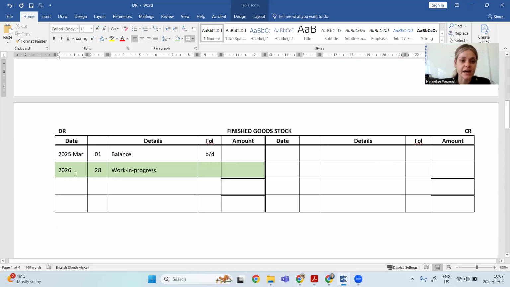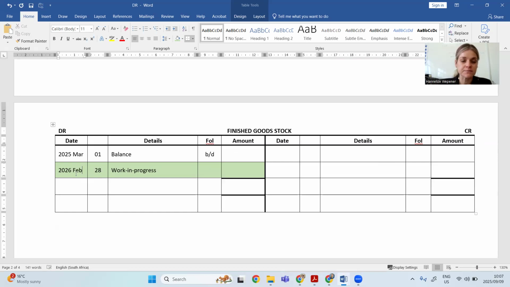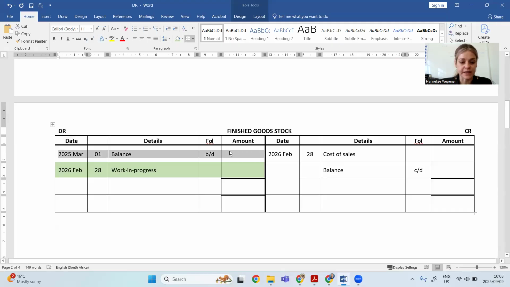How much did I have for this period that I've finished working on so that I can now sell it? And then how much did I actually sell? So what was my cost of sales for this year? And then what have I not yet sold that I'm hoping to then sell in the next period?